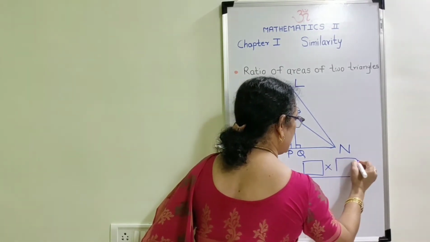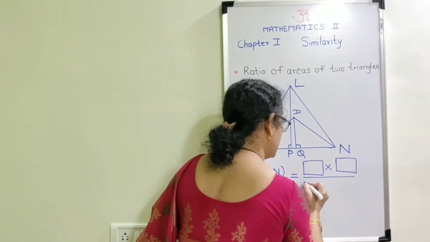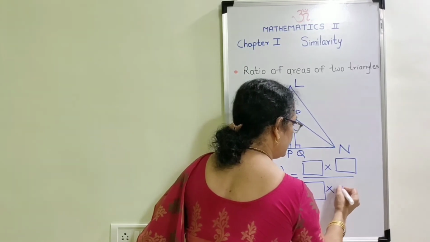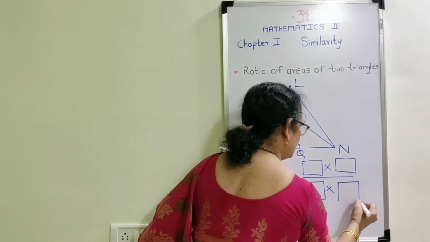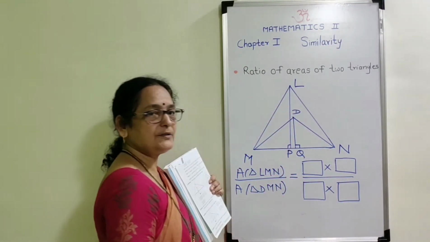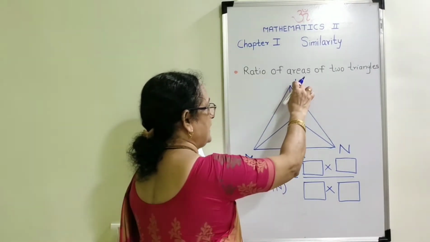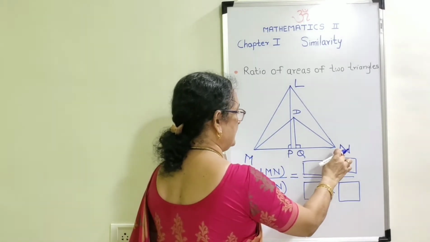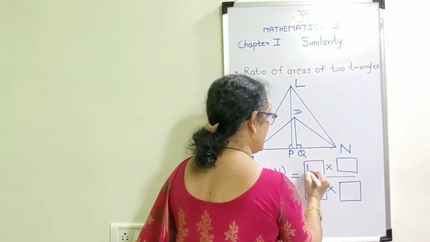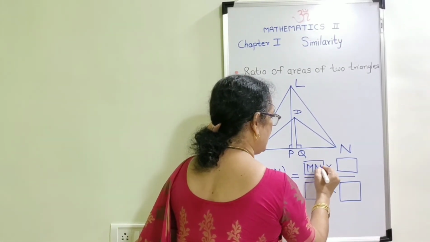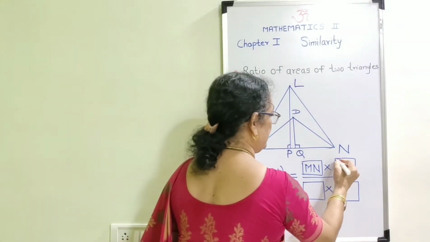When you take the ratio of areas of two triangles, it is equal to the ratio of the products of their corresponding bases and heights. The bigger triangle LMN base is equal to MN. Height for the bigger triangle is LP.